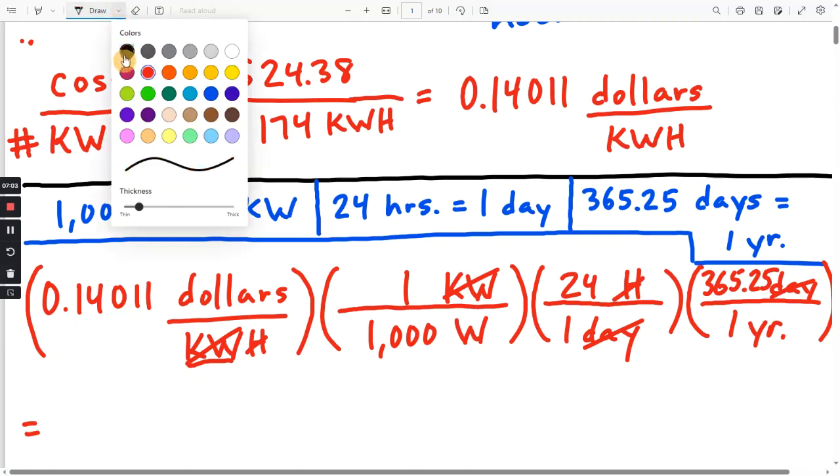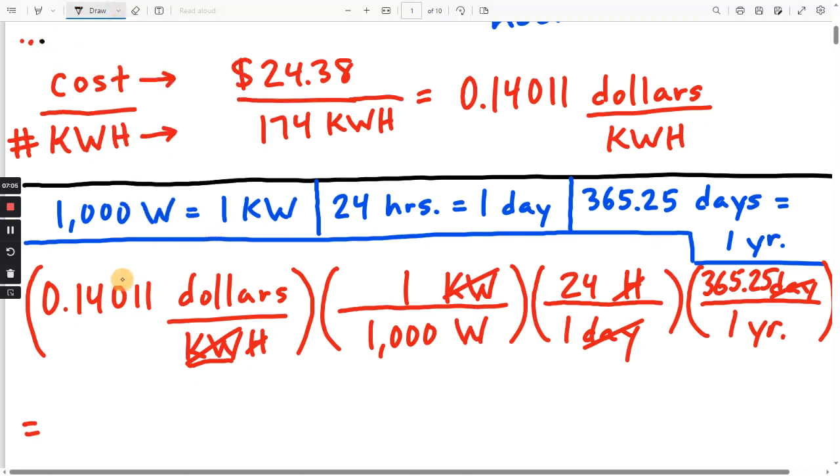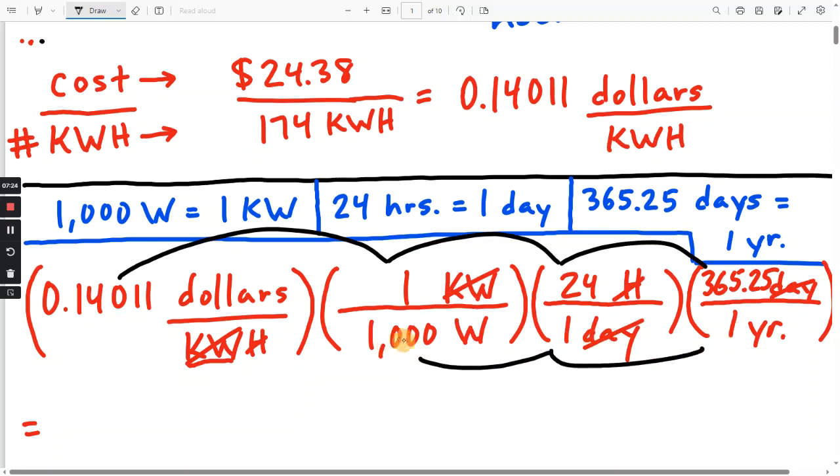Alright, so let's see. I will multiply the numerators first. We have 0.14011 times 1 times 24 times 365.25. You do that, hit equals, and then in the denominator we have 1,000 times 1 times 1. Times 1 does nothing, so the only denominator is 1,000. So I'll just multiply these numerators, hit equals, and then divide by 1,000.